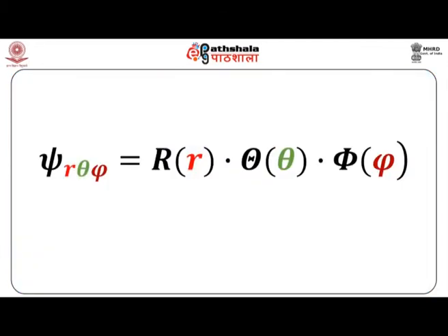Now this equation has an advantage that there are 3 coordinates here, r, theta and phi, and therefore the total electronic wave function of the electronic Schrodinger equation can be taken as the product of radial and the angular part. Angular part consists of 2 terms, theta and phi, and radial part is of course r.